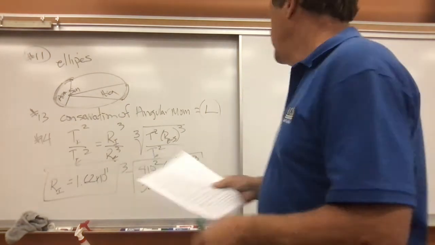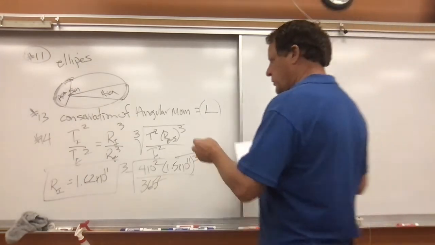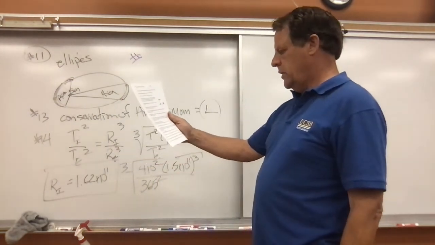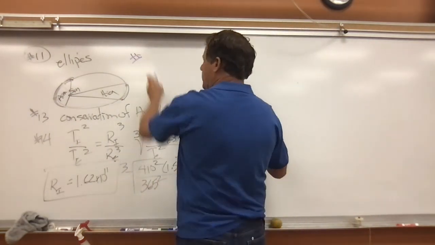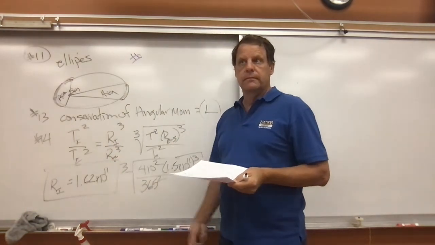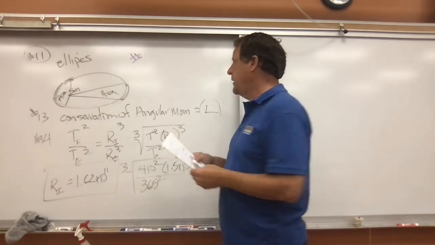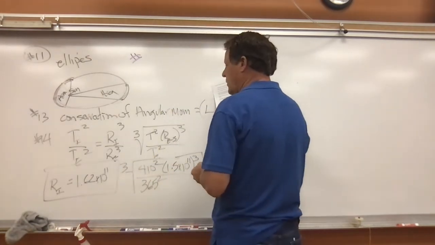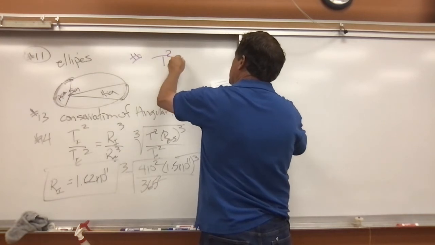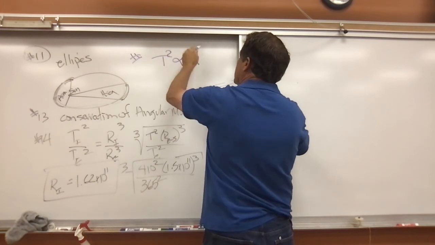So going up here to question number 16, this radius and the semi-major axis are going to work in a similar manner, and therefore we have T squared proportional to a cubed.